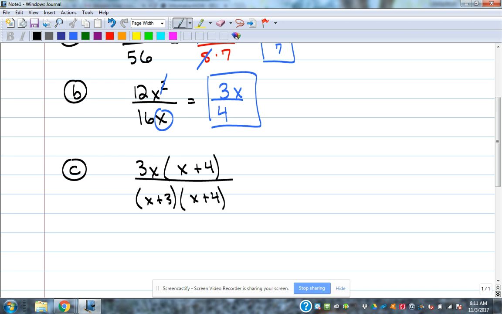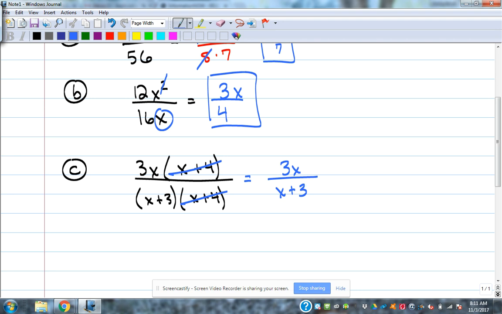We were canceling matching factors, but we kind of didn't show it. Here, it's easy to show. What's the matching factor? X plus 4. So those two are going to cancel each other out. It's going to leave 3x over x plus 3.